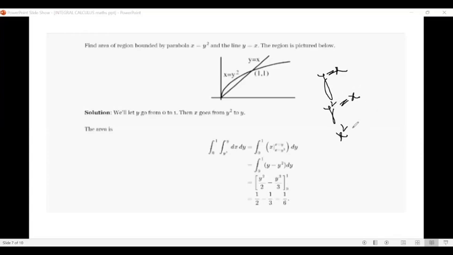This x will come this side, so it will become x square minus x equals 0. Then take x common, then you will get x into x minus 1.